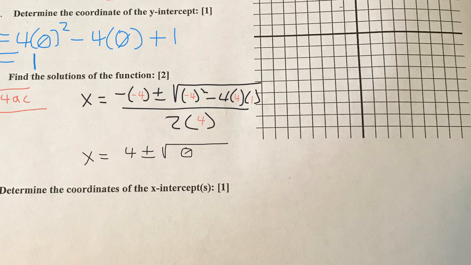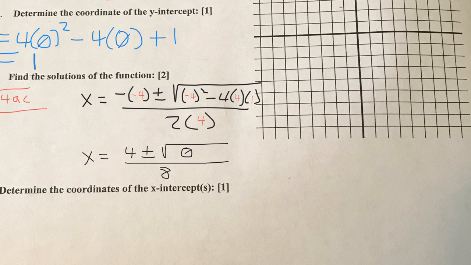We have a 0 underneath there, all over, clearly 2 times 4, which is 8. Now, this is sort of an unusual looking situation. It's probably the case that most students are not used to having 0 underneath here. But good news, the square root of 0 is just 0, because 0 times 0 equals 0, right? So the square root of 0 is 0.